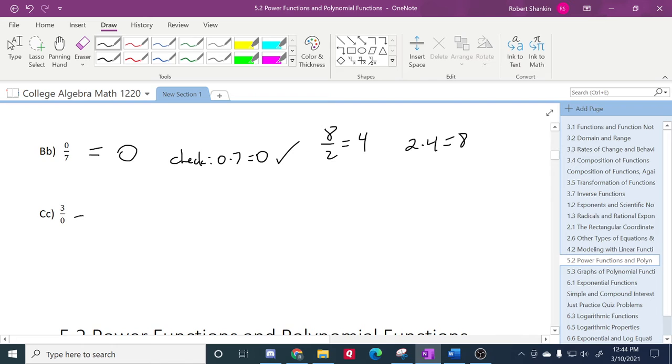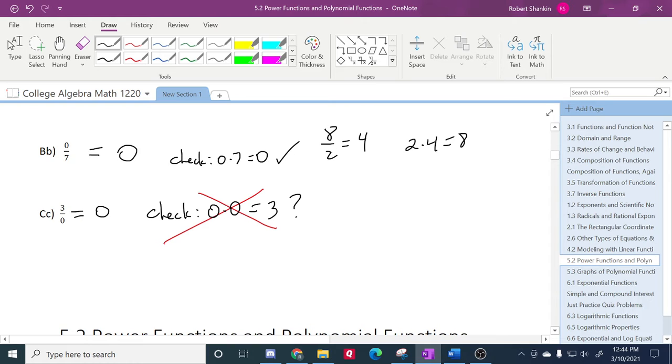Let's try this one the same way. Does 0 times 0 equal 3? No way. This doesn't check. And if we think of the bigger definition, if the top number is bigger than the bottom number, we say how many times bigger is this than this? 8 divided by 2, you need 4 of these added together.